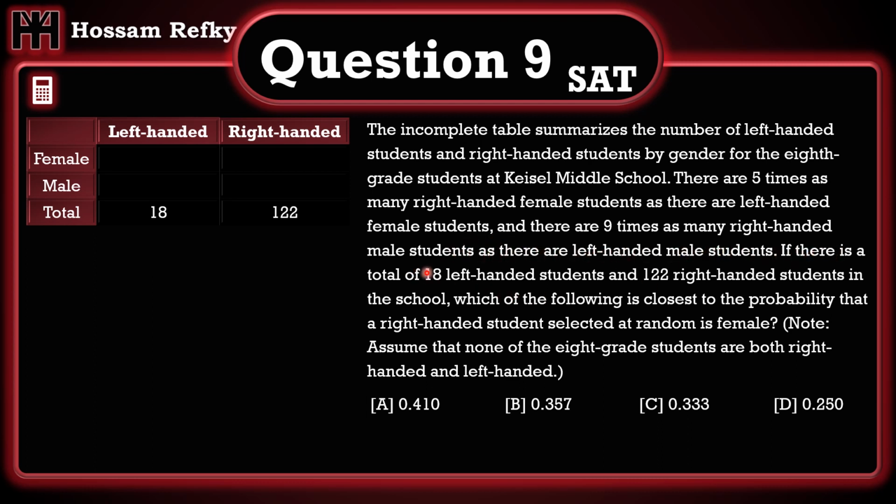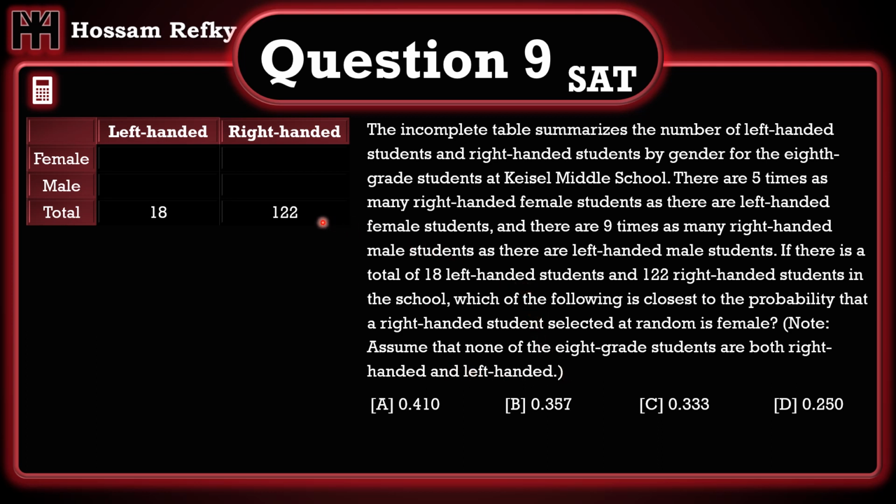If there is a total of 18 left-handed students and 122 right-handed students in the school, which of the following is closest to the probability that a right-handed student selected at random is female? Note, assume that none of the 8th grade students are both right-handed and left-handed.